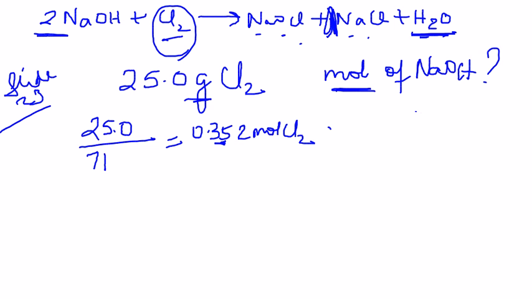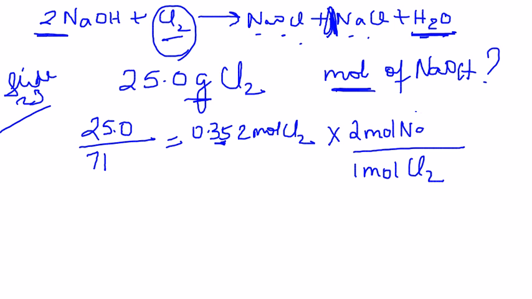Now I want you to basically put in the stoichiometric relationship. And according to the stoichiometric relationship, a mole of Cl2 is going to require 2 moles of NaOH. And so moles and moles will cancel off, and you will get 0.704 moles of sodium hydroxide.